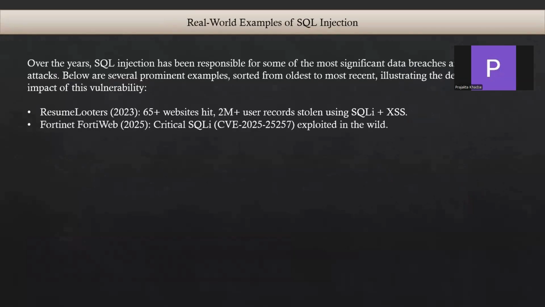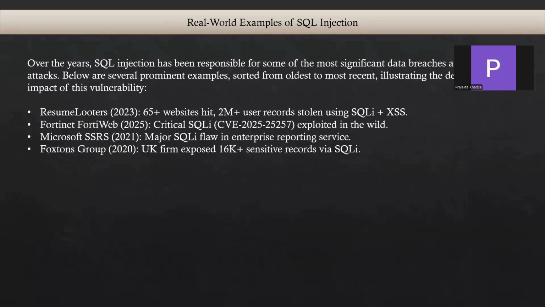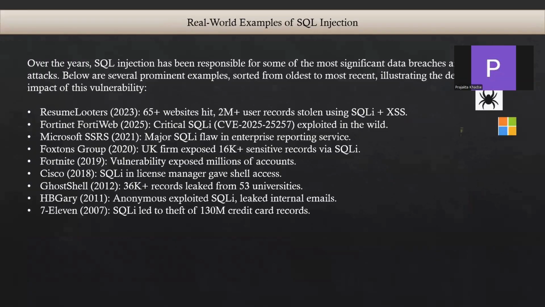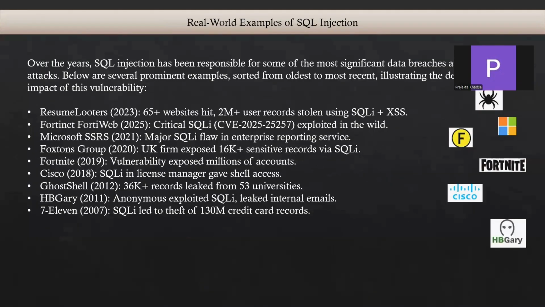Let's see some real impacts. SQL injection has caused some of the biggest data breaches ever. For example, in 2023, the ResumeLooters group used SQL injection to hack more than 65 websites and leak over 2 million records.